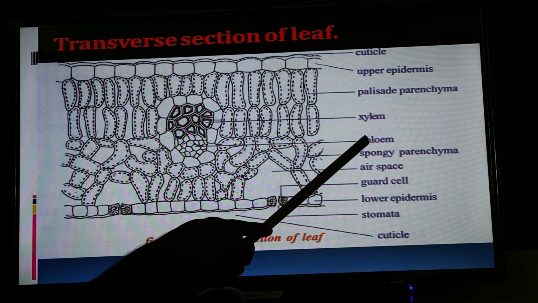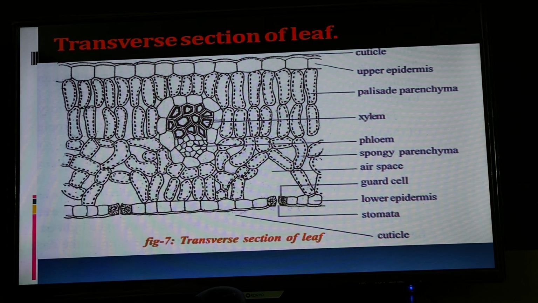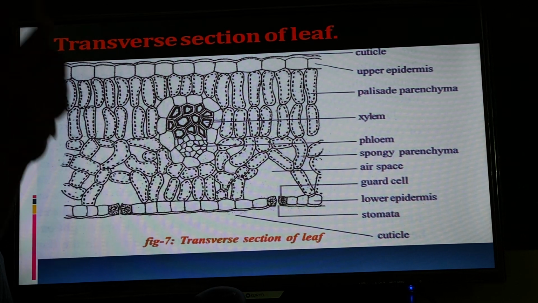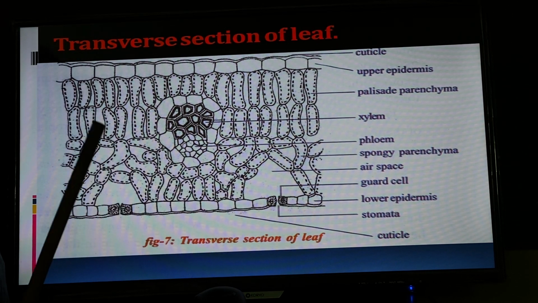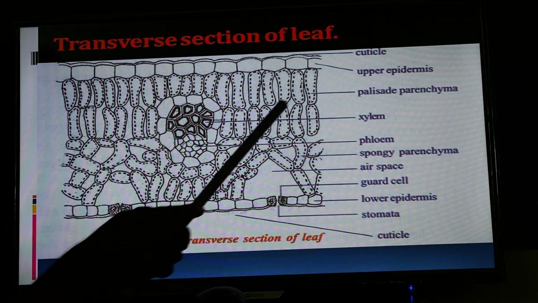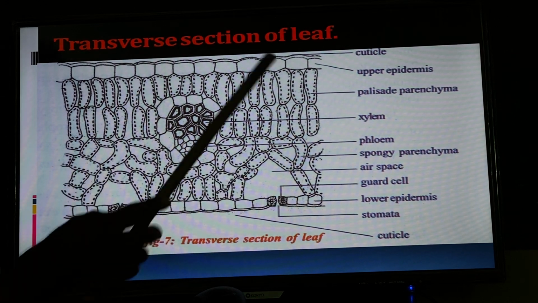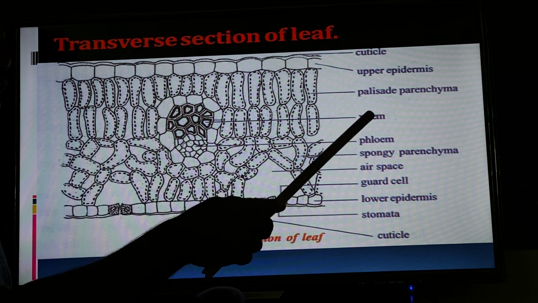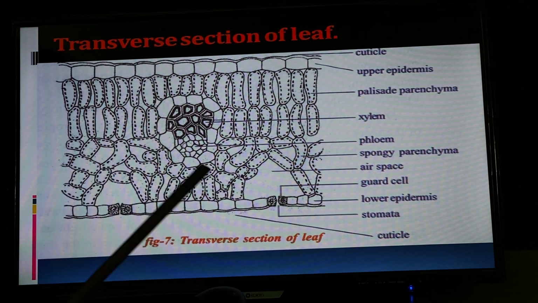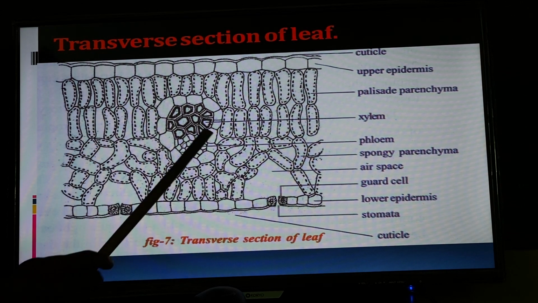Already we learned in 9th class, xylem helps transport water from roots to all parts of the plant. Phloem helps transport food from leaves to all parts of the plant. One is for transportation of water, one is for transportation of food. Both united together is called vascular bundle.